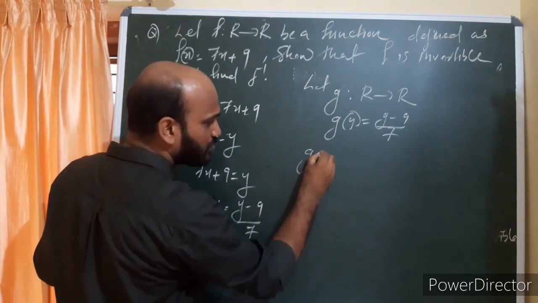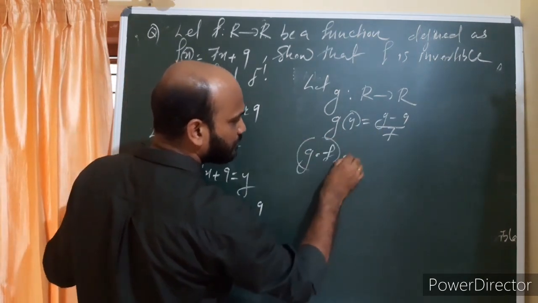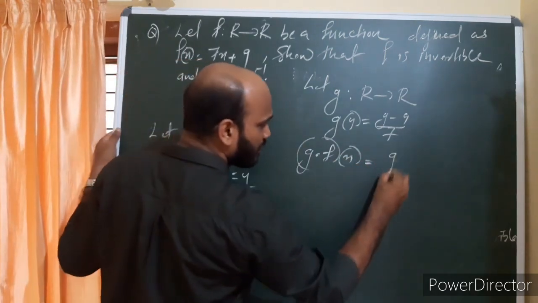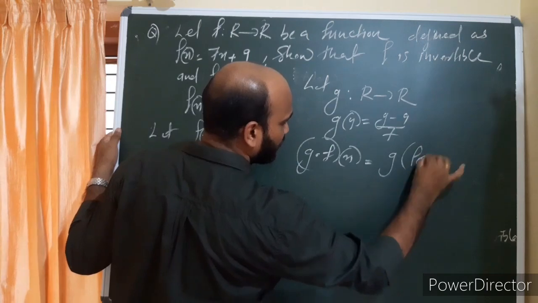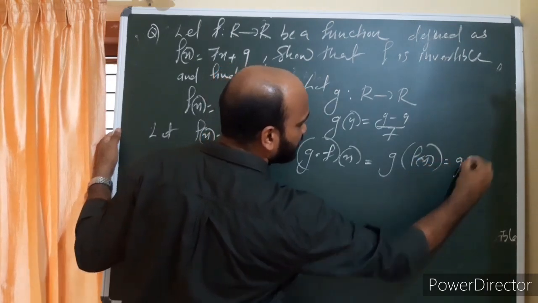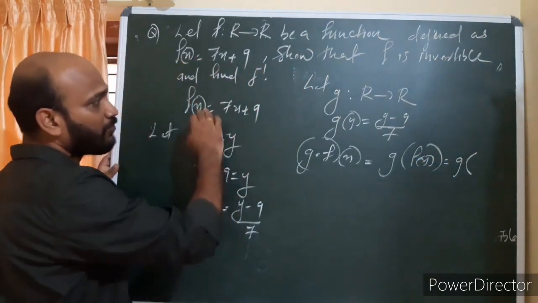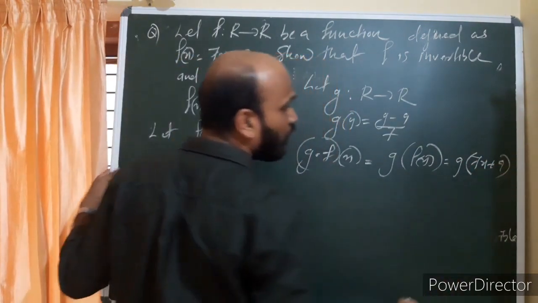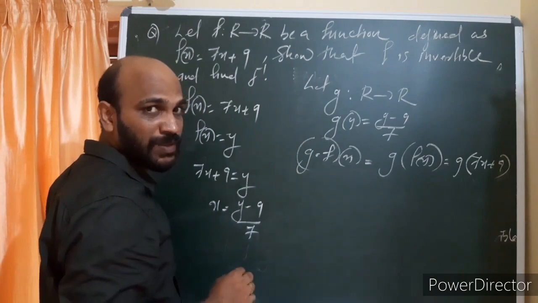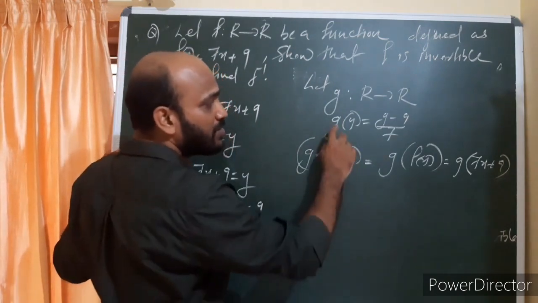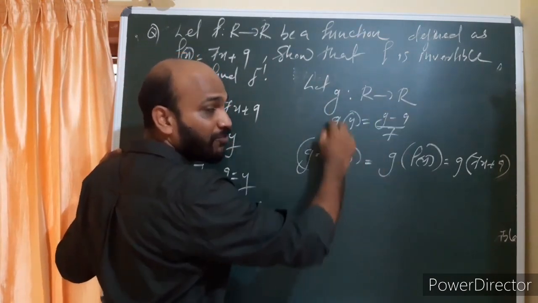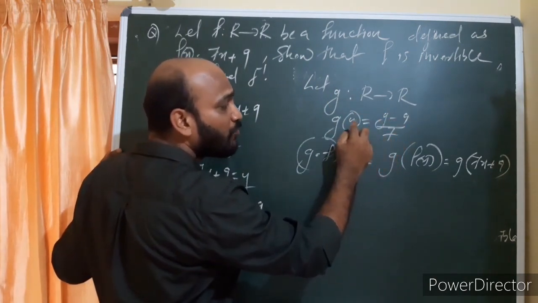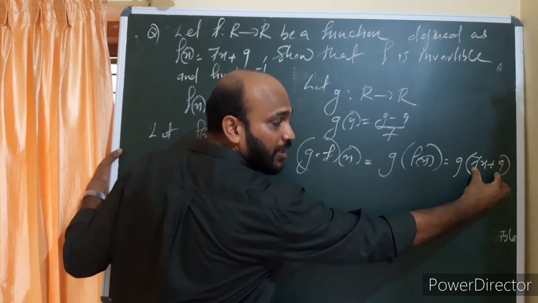Then what about g of f of x? g of f of x equal to g of f of x. That is g of, what is the value of f of x? 7x plus 9. Now we want to find g of 7x plus 9. For that you have to use g of y. This is the standard formula: g of y equal to (y minus 9) by 7. So in place of y, you have to substitute 7x plus 9.